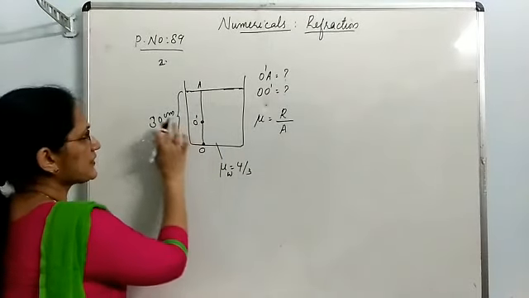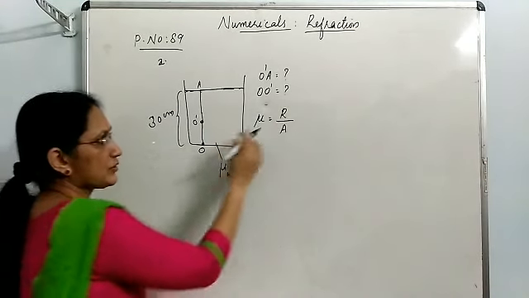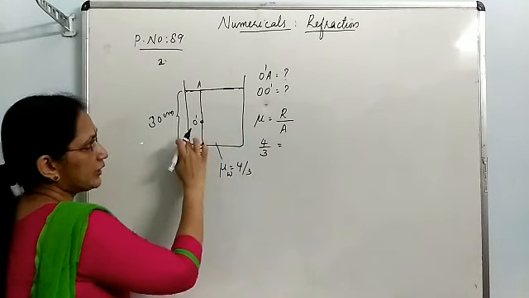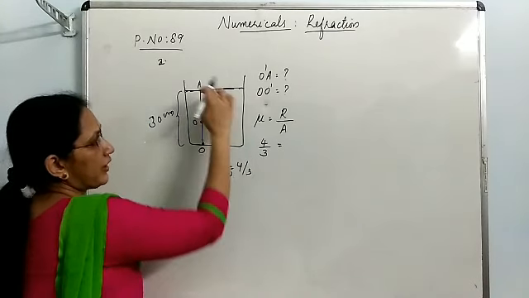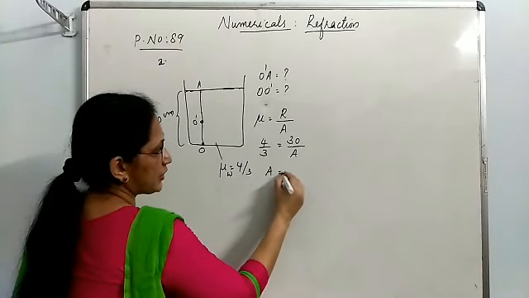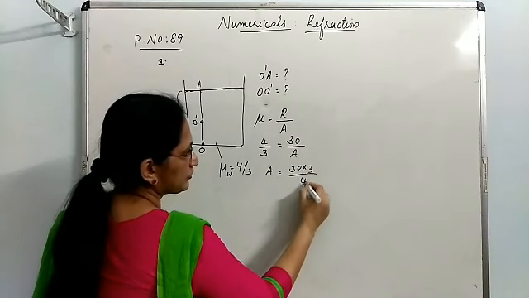Here real depth is 30 centimeter, that is depth of water. Okay, so refractive index 4/3 is equal to real depth, that is OA, is 30 centimeter upon apparent depth. So apparent depth is equal to 30 into 3/4.